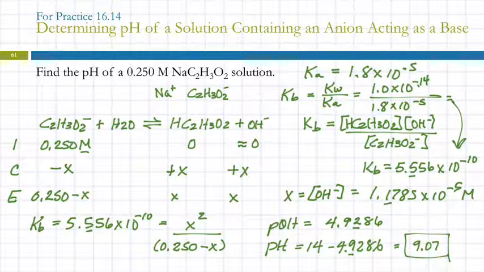Because in this situation, X was a thing that I needed, but in other situations, if this had a starting value, if it wasn't 0 to start with, and I had a change of X, I'd have some number plus X that I'd have to be doing a calculation with. Like if I wanted to know what the acetate concentration was, I'd need to take 0.25 and subtract X from it. Any questions? Other questions?